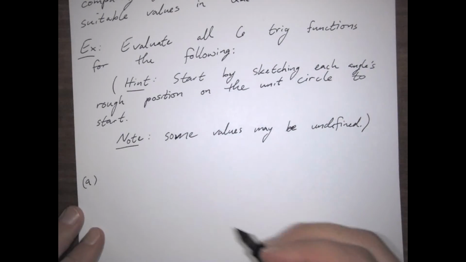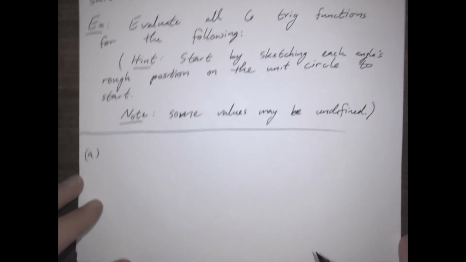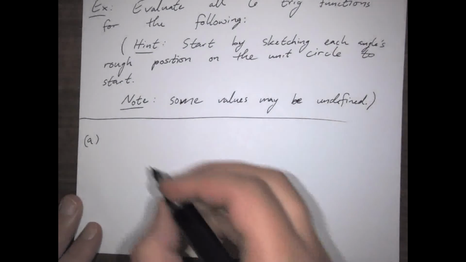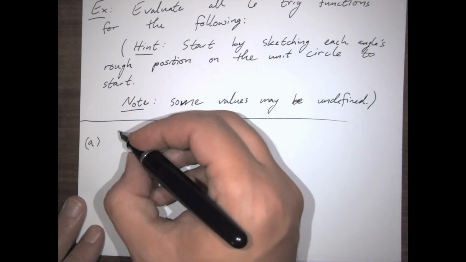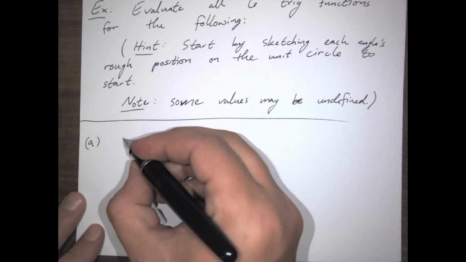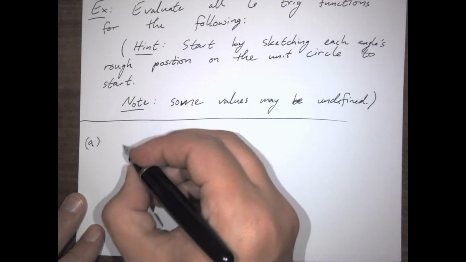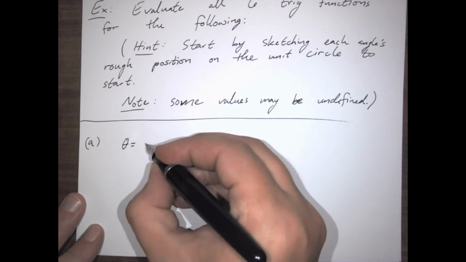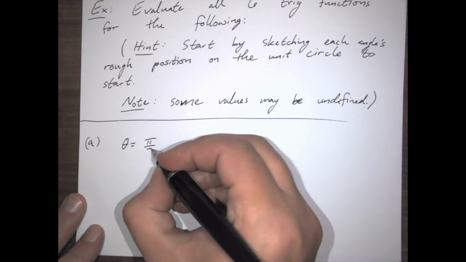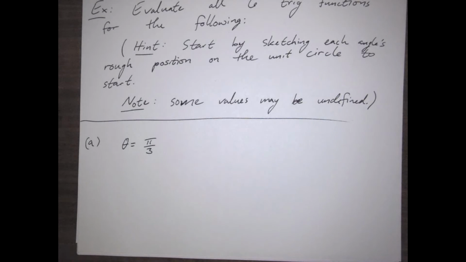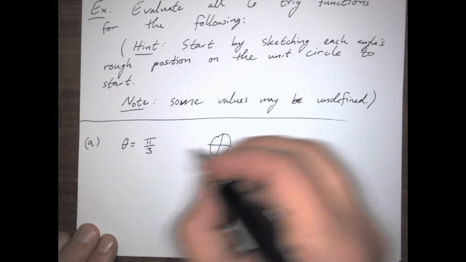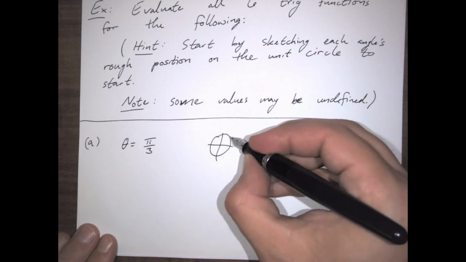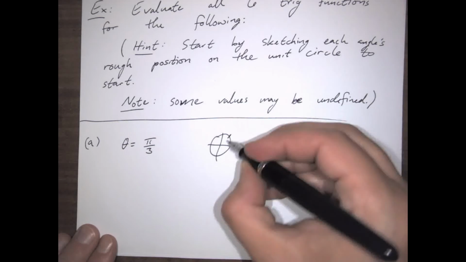All right. To begin with, let's just start with something relatively minor, namely one that actually is in quadrant 1, just to get us started. So let's say theta equals pi over 3. We've already just covered what the sine and cosine would be. Just remember this, pi over 3, that's 60 degrees, so it's up here.